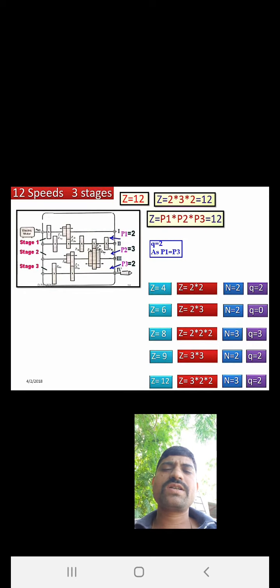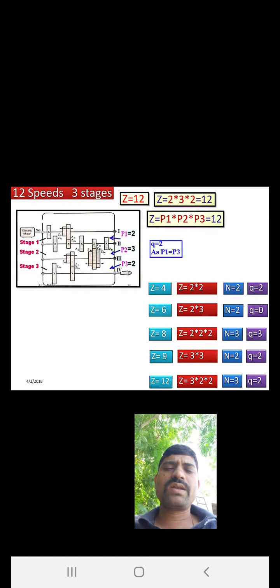First combination: z is equal to 2 into 3 into 2. So p1 value is 2, p2 value is 3 and p3 value is 2. 2 into 3 is 6, into 2 is 12. This condition is satisfied with this combination. Again you can write p1, p2, p3 as 3, 2, 2.